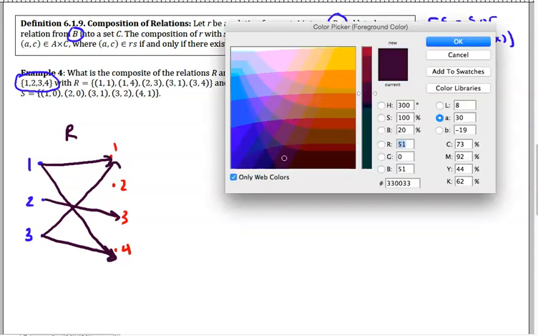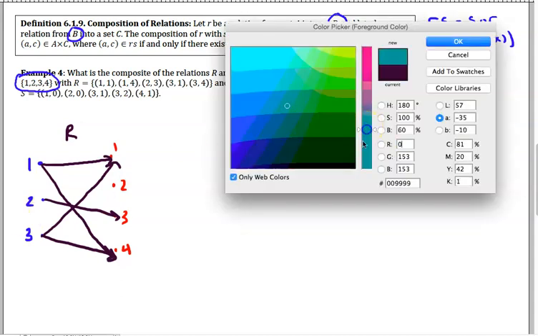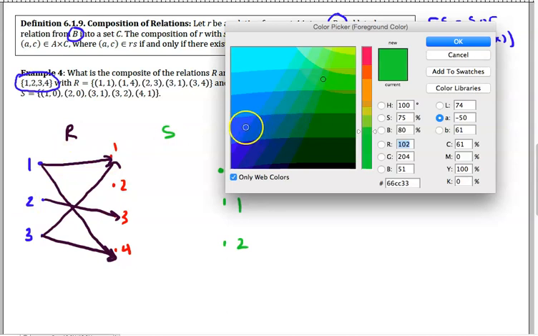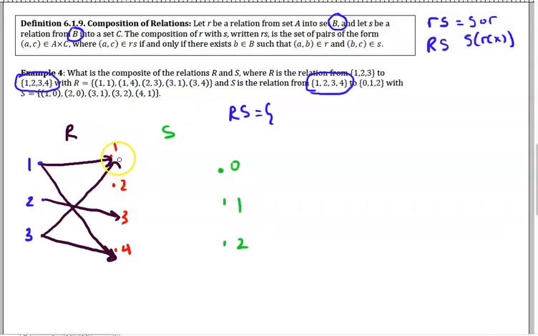All right, so now let's go to the relation S. So the relation S goes from 1, 2, 3, 4, so these are the inputs here, to 0, 1, 2. So the outputs are 0, 1, and 2. Right, so let's look at the S relation. Let's draw some arrow diagrams here.